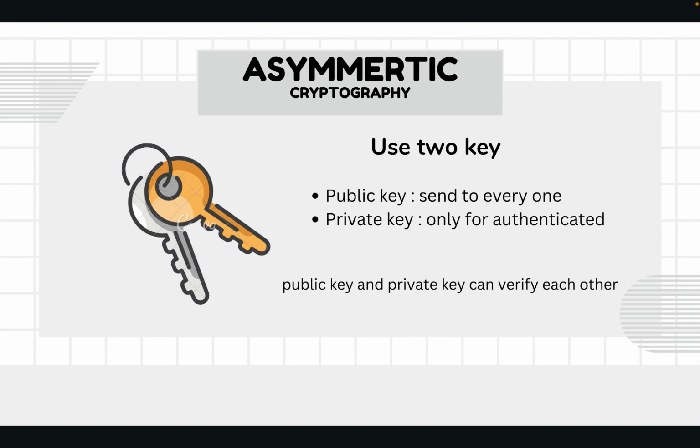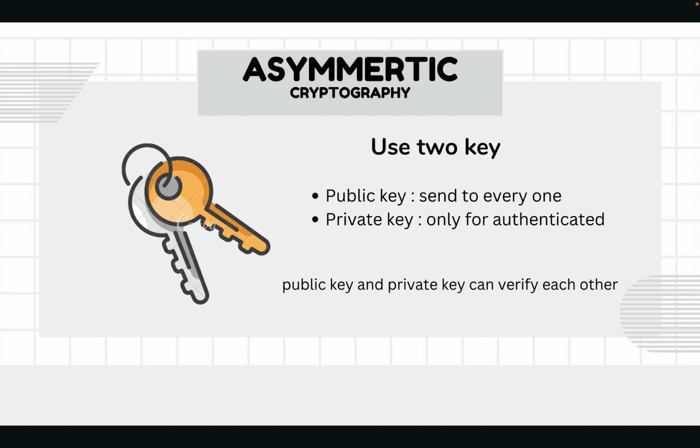So next, what is asymmetric cryptography? Asymmetric cryptography, using public key cryptography, is a cryptographic system that uses a pair of related keys. Each key pair consists of a public key and a corresponding private key. Key pairs are generated with cryptographic algorithms based on mathematical problems, termed one-way functions.